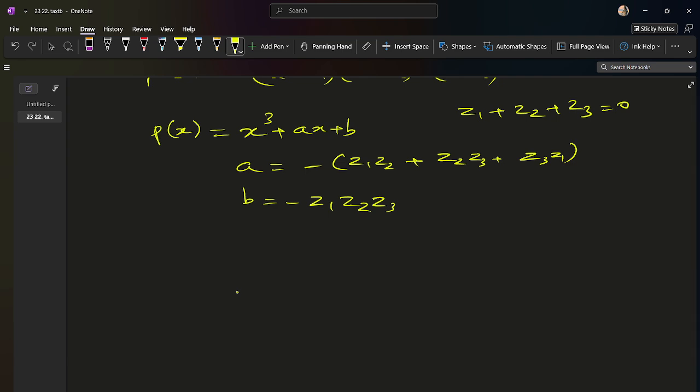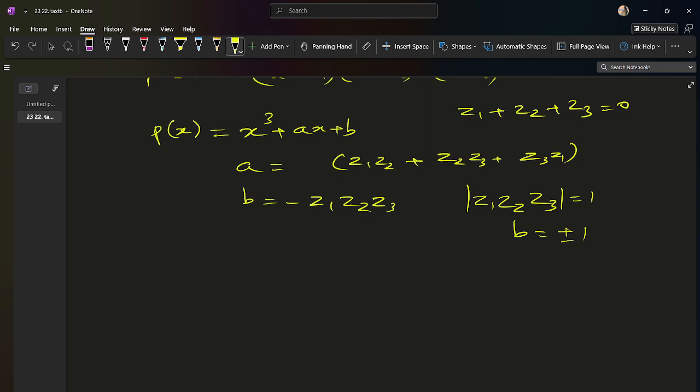Now, the product of the roots z1, z2 and z3 must have modulus 1, implying b equals plus or minus 1. The term a, which depends on the pairwise products of the roots, will take specific values depending on the configuration.